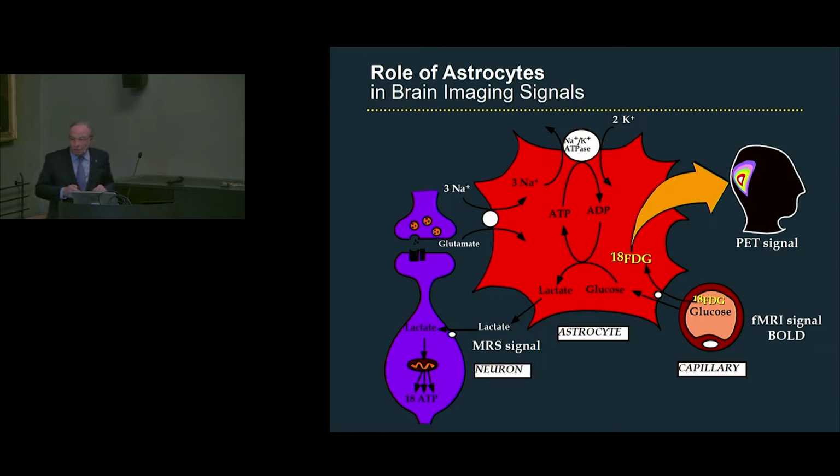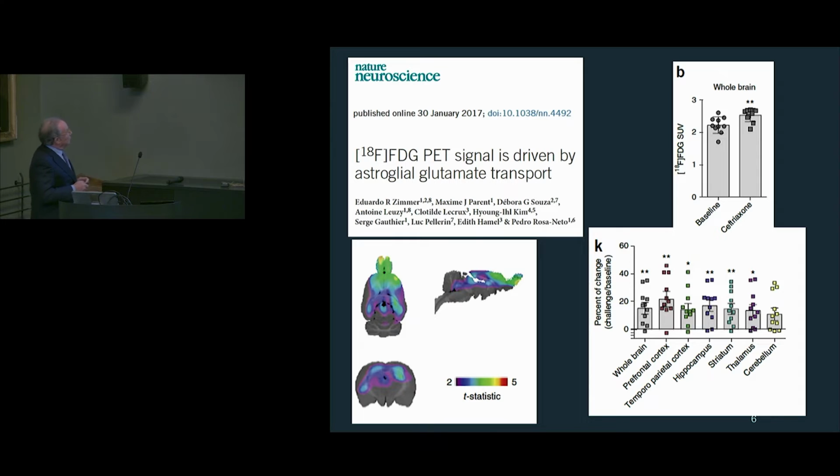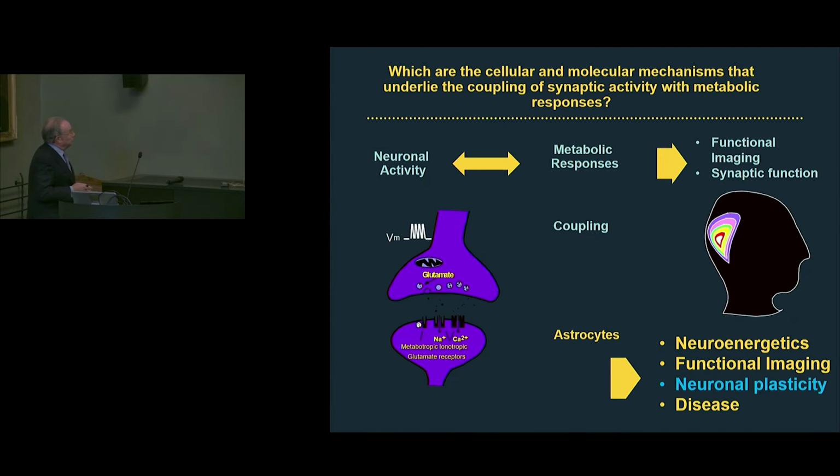It doesn't detract anything from the technique because the original signal is a neuronal one. So it's fine to localize, but one should keep in mind that when one sees an FDG PET image, most of the signal is coming from the astrocyte. And some time ago, a group at McGill showed that doing the opposite, in other words, increasing the expression of the glutamate transporter, resulted in an increased PET signal in rodents.